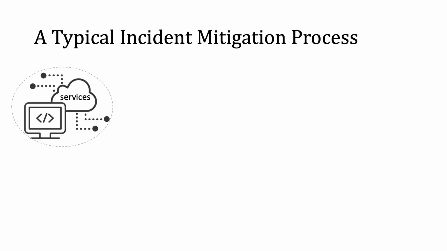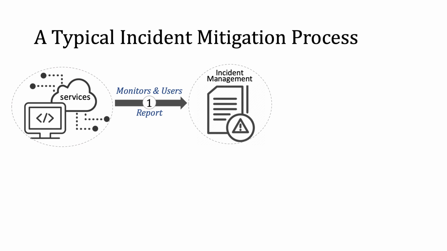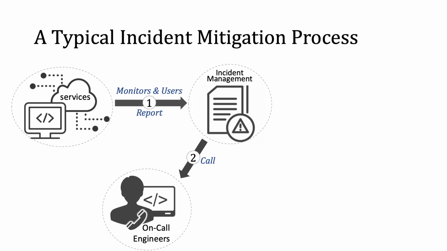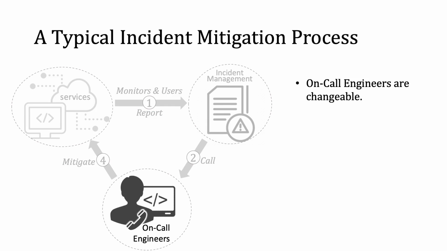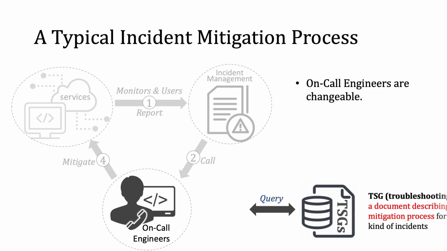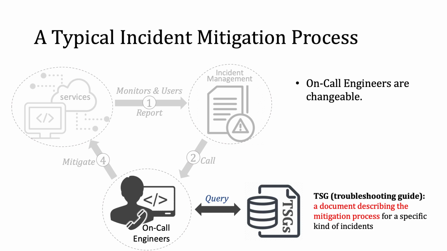A typical incident mitigation process is that when the monitors or end users report incidents, the incident management system will call some engineers to mitigate them. However, the on-call engineers are changeable, and thus they may not know how to mitigate the incoming incidents. At Microsoft, there is a good practice.